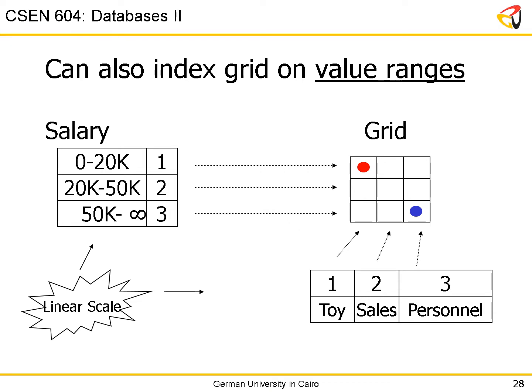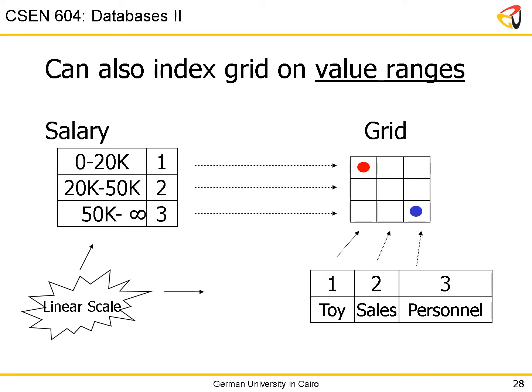For example, the first column in this grid is only for employees who are in the toy department. The second column is only for sales employees, and the third column is only for employees in the personnel department. Similarly, the first row in this grid is for those whose salary is between 0 and 20K.